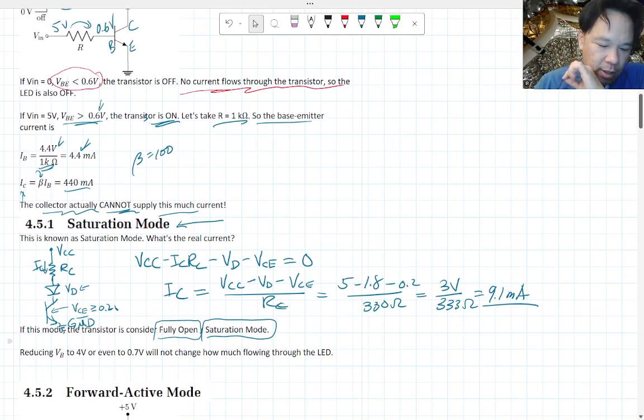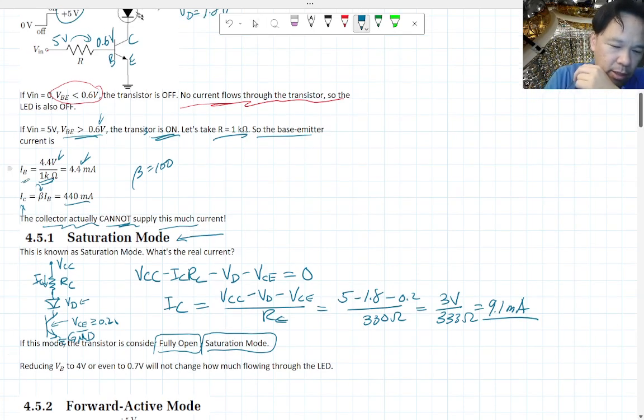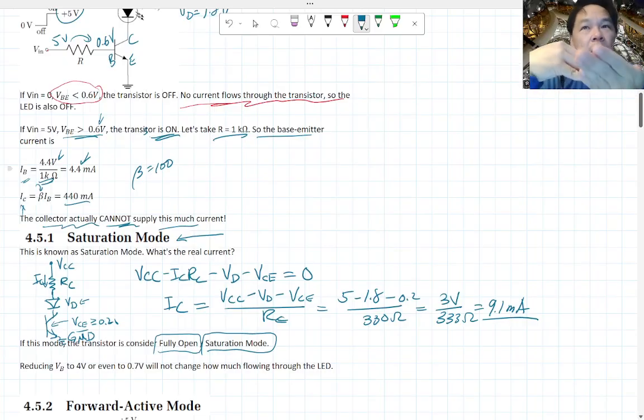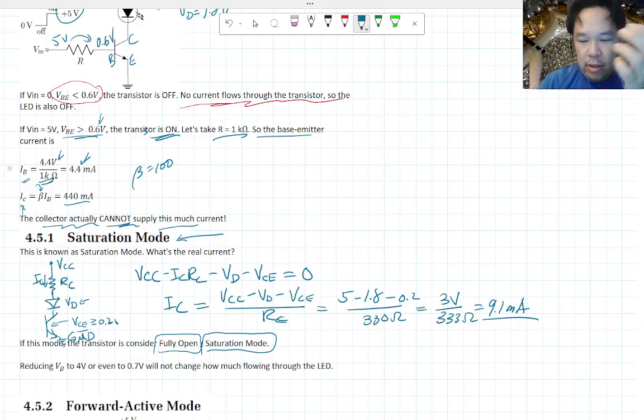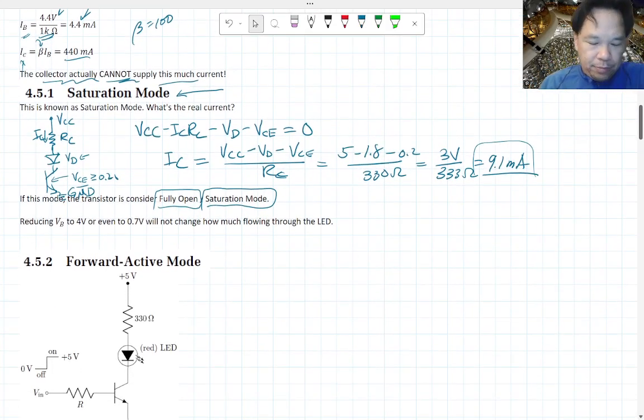So in that case, even though you reduce the base voltage to 4 volts, the LED still turns on and has the same brightness, because in that case, you just reduce the base current a little bit, but the beta will actually increase. Well, the effective beta that's actually applied will increase, so that you're still getting about 9 milliamp through the LED. So the LED brightness doesn't change, even though your input voltage is changing slightly lower.